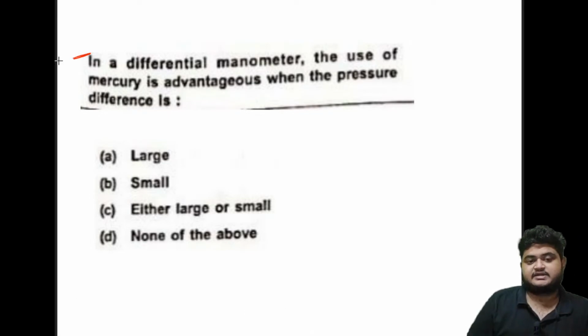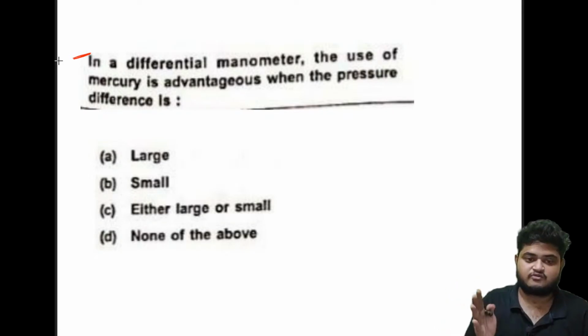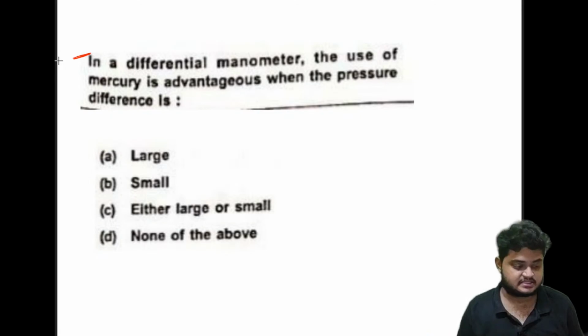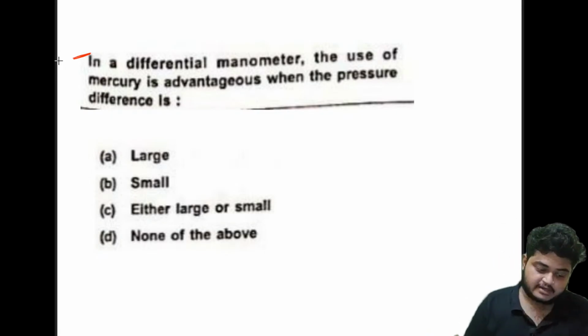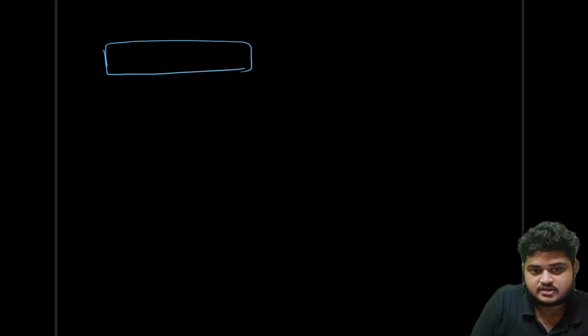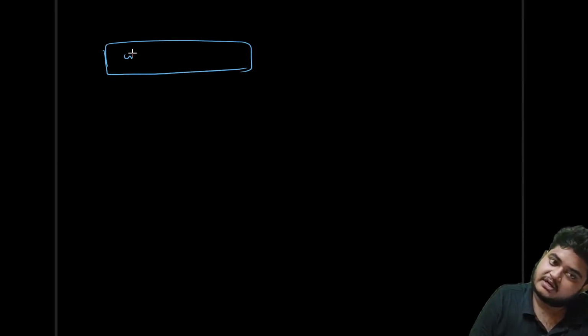The question is saying that in a differential manometer, the use of mercury is advantageous when the pressure difference is what? Now let me tell you, let us assume that in a container or in a pipe, water is flowing.